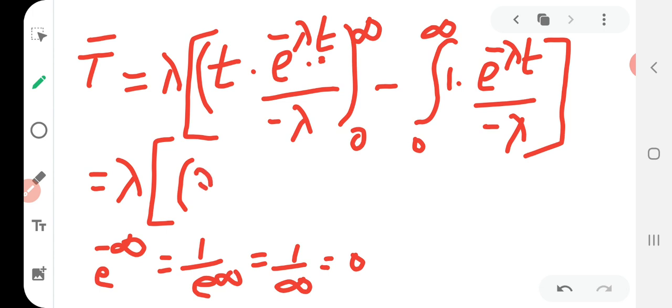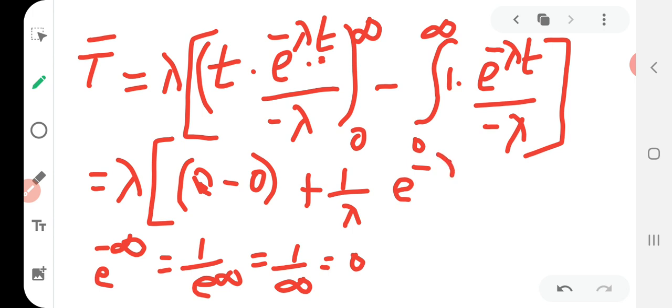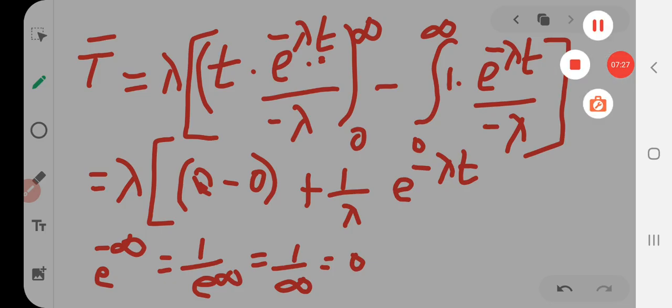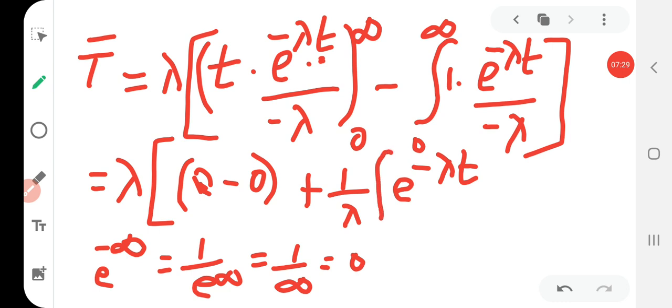That is 0 minus 0, so this term gets cancelled. And here there are 2 minus signs, so it becomes plus 1 by lambda into, applying integration, e raised to minus lambda t, with the integral from 0 to infinity.